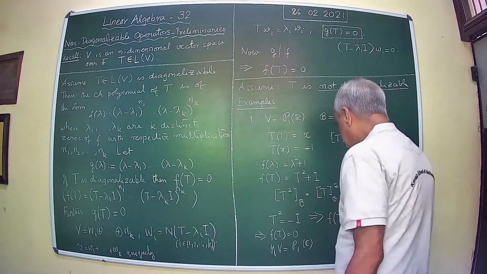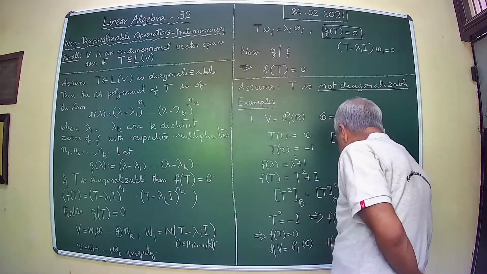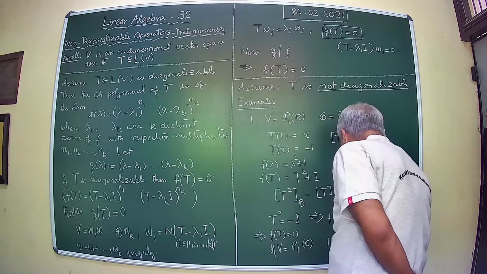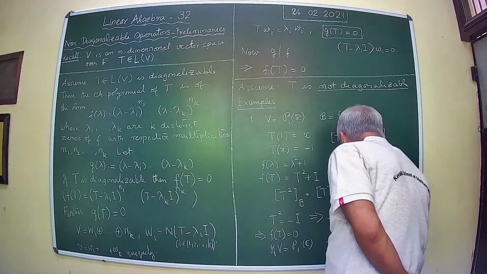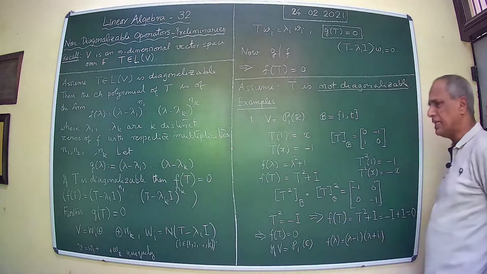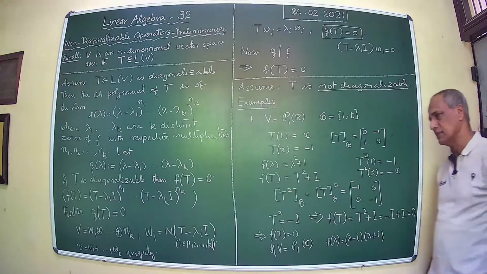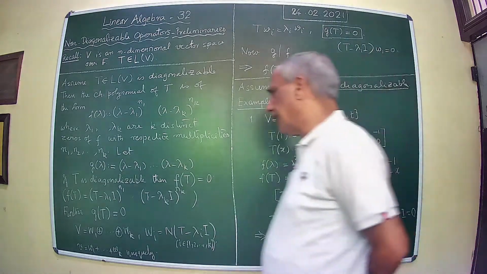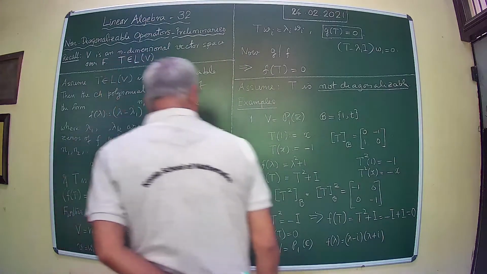We observe that f lambda in this case splits into linear factors and T is diagonalizable. In that case, T is diagonalizable.